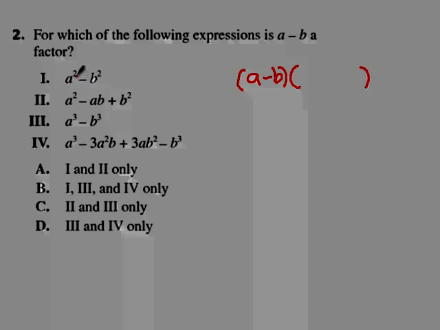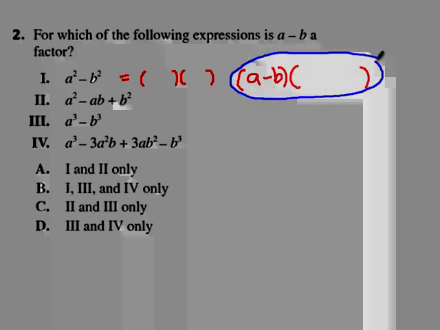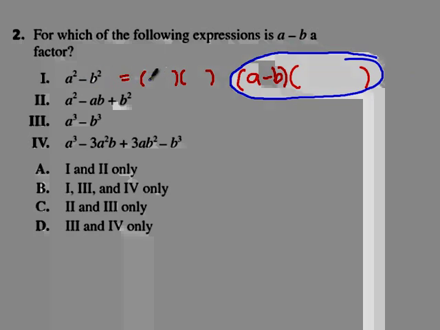Now, A squared minus B squared is a special product, and we call this the difference of two squares. Its equivalent factored form is A plus B times A minus B, because if you multiply these two factors, you will get A squared minus B squared.